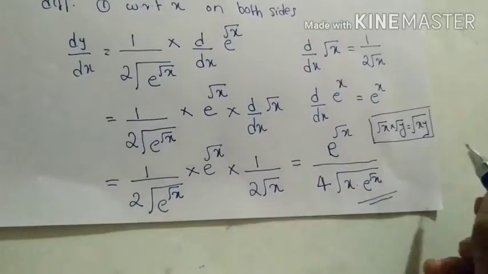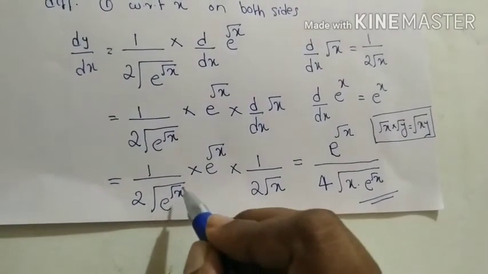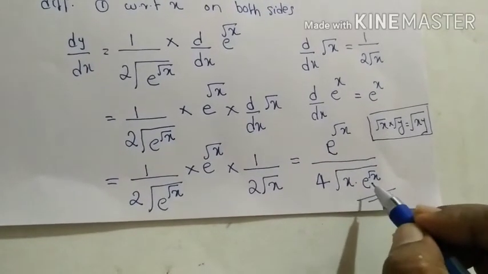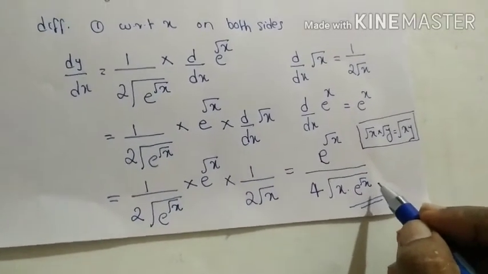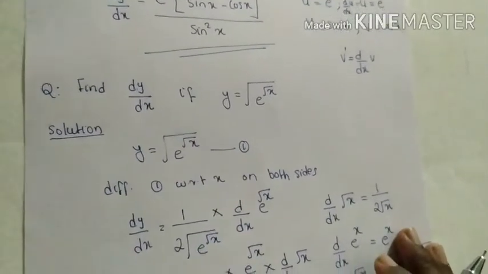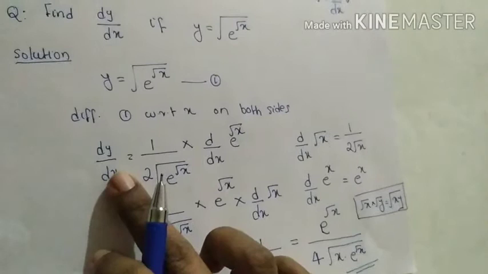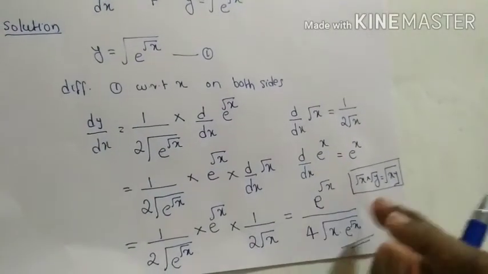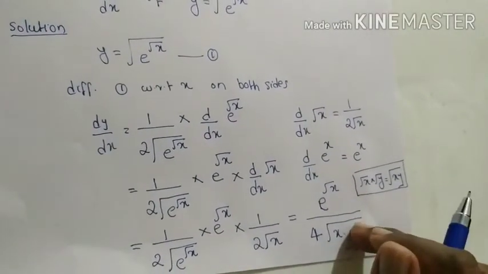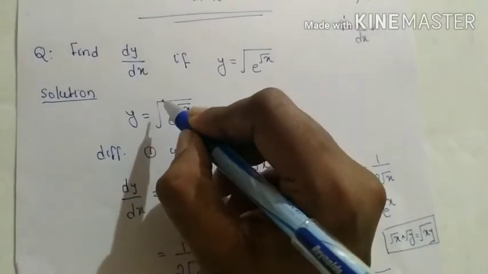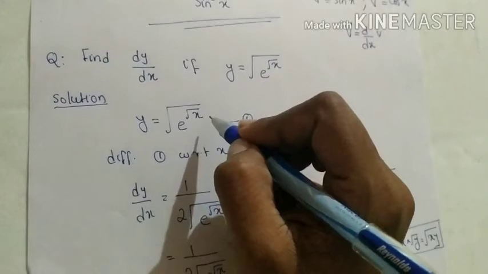So we can write root of e raised to root x into root x by root of x into e raised to root x. Okay. So finally we got our derivative as e raised to root x by 4 into root of x into e raised to root x. Note that here 3 different functions are there.